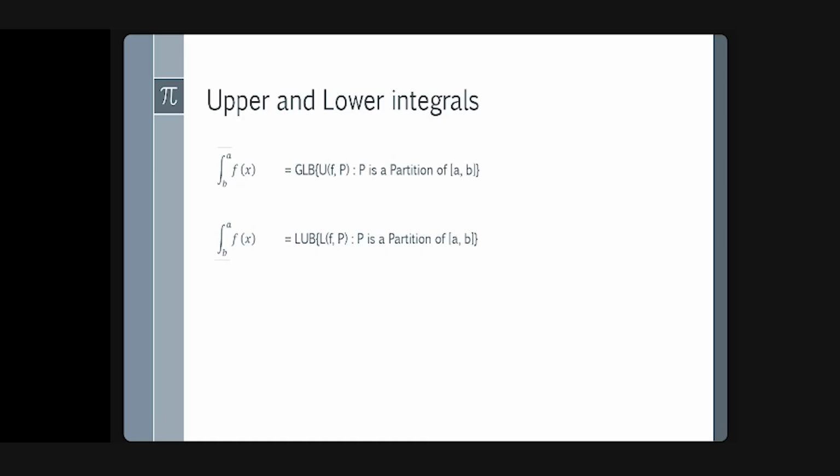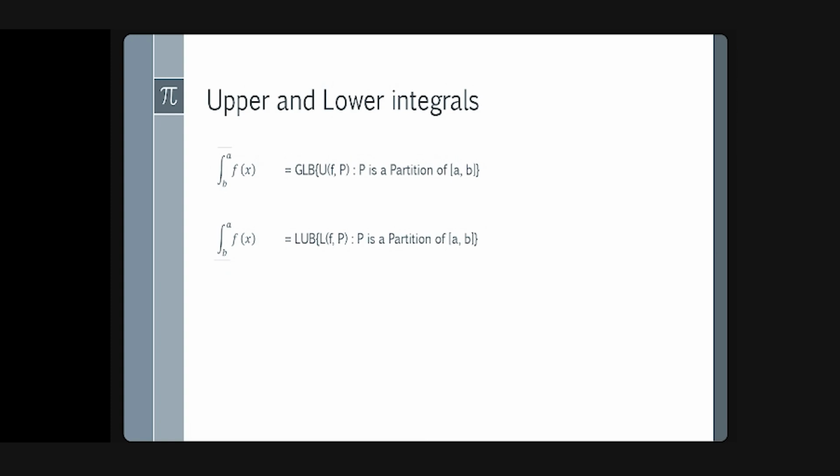And similarly for lower sums, for the lower integral, I'm defining it as the least upper bound. I'm taking them as high as they can go. So we now have two best candidates, two best approximations for our integral, right?